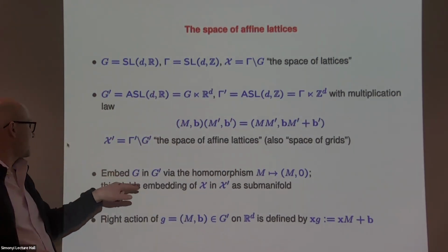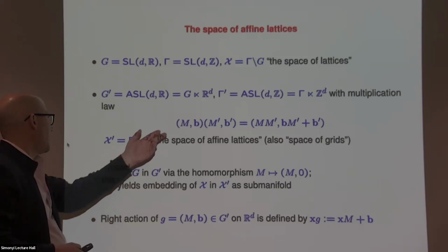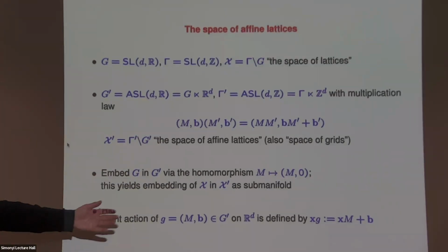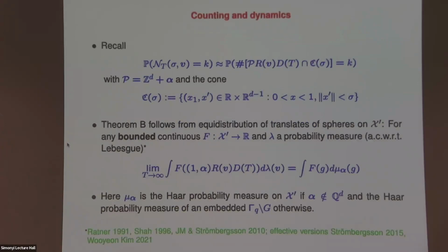So on each point on X, you have a torus that you carry with you. And if you apply a transformation from gamma prime, the torus will feel that action from gamma. Okay. And you can define a natural right action on R^d in this way.